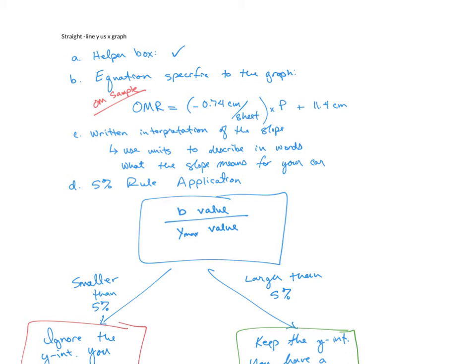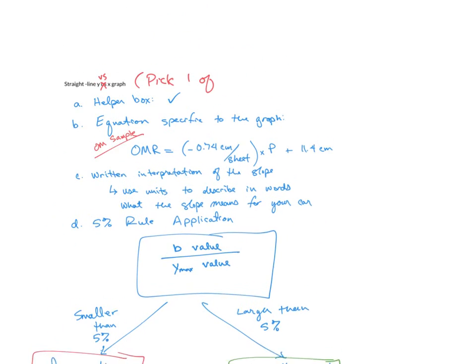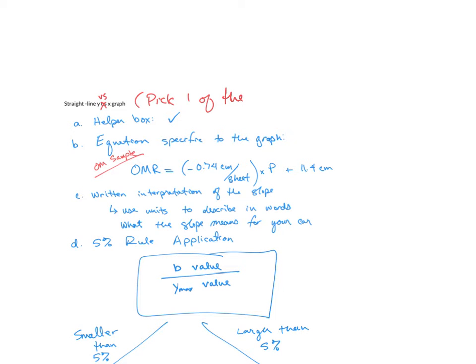Once you have decided that you have a line, which you do, and many of you have multiple lines, you're only going to analyze one line. So when you do this straight line of your y versus x graph, just pick one of the lines.